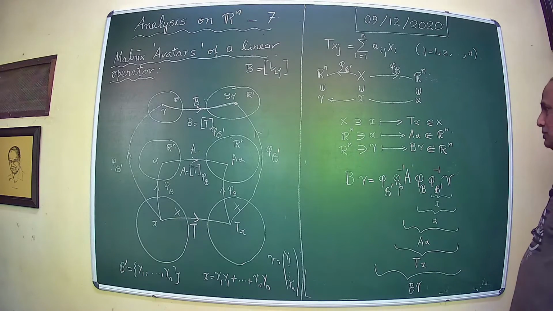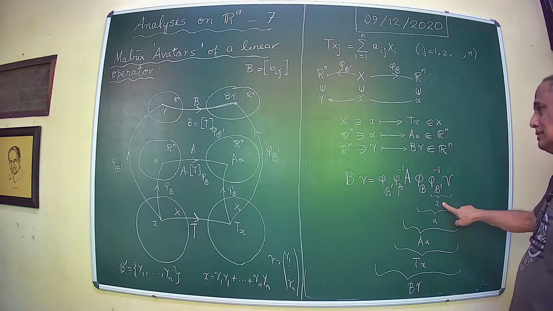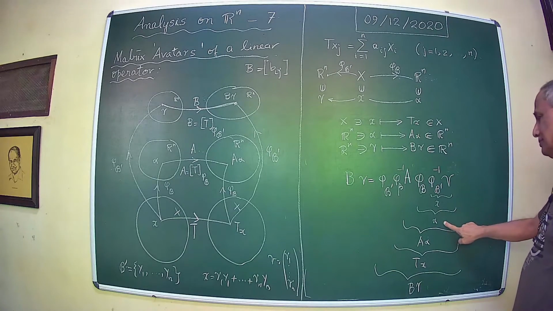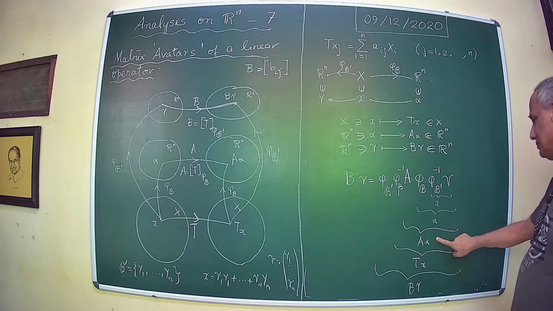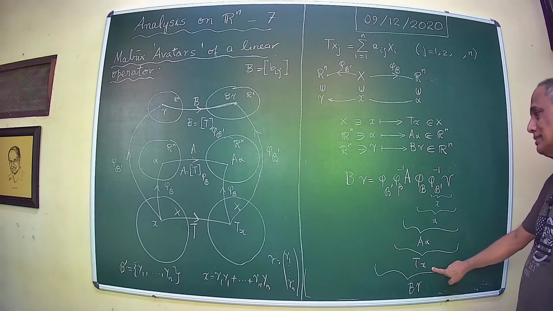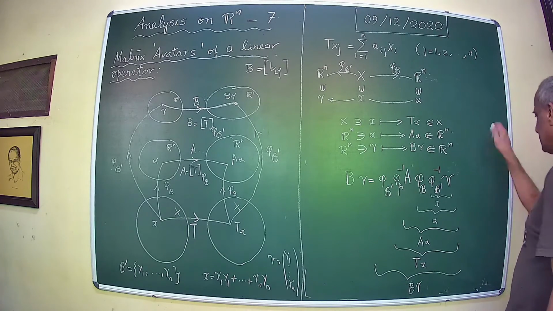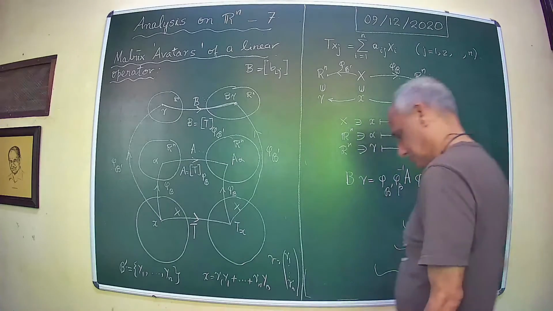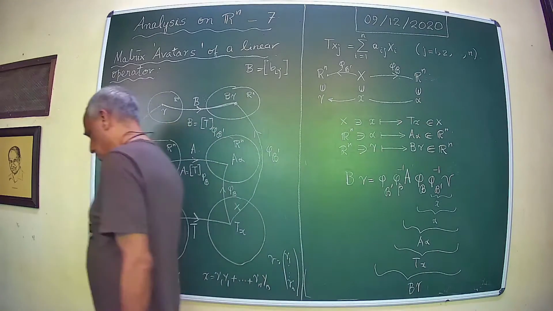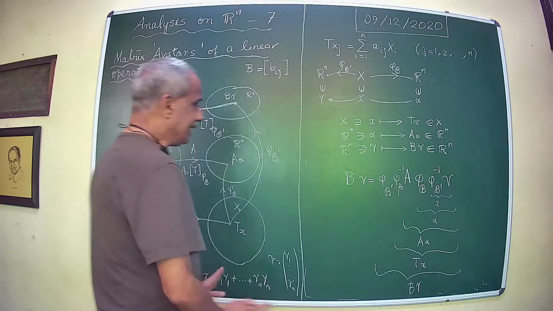Start with gamma, go to x, then go to alpha, go to A alpha, go to Tx, go to beta. This is what it is. So what do we have?